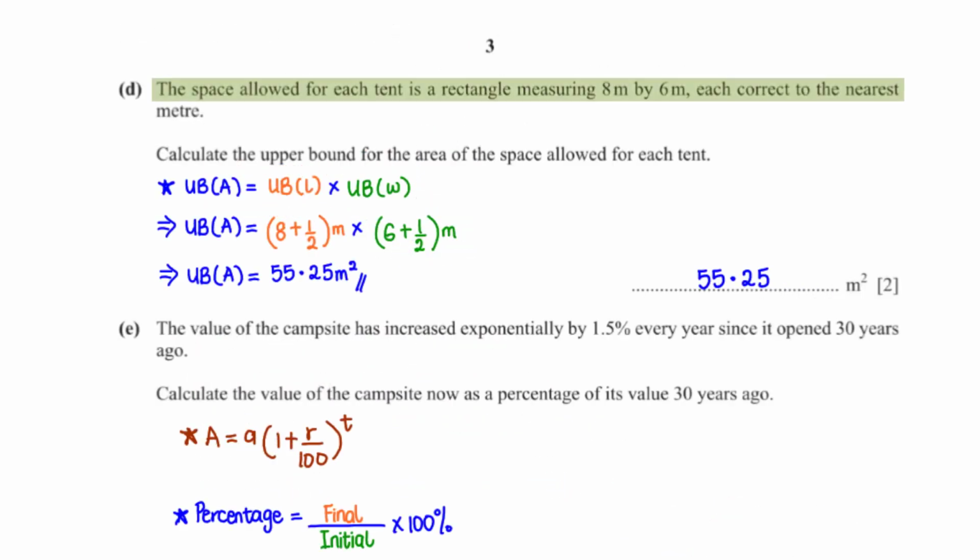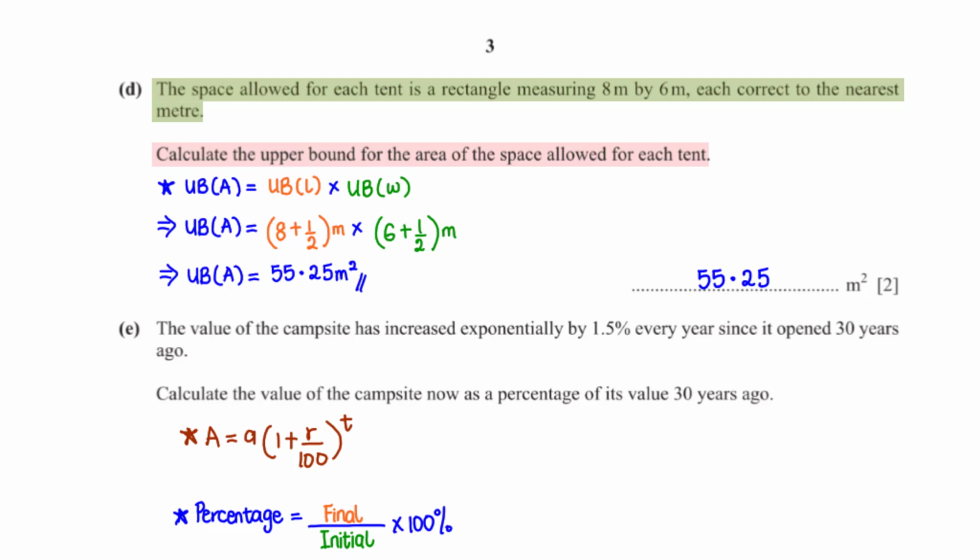The space allowed for each tent is a rectangle measuring 8 meters by 6 meters, each correct to the nearest meter. Calculate the upper bound for the area of the space allowed for each tent. The area for the tent, which is in the shape of a rectangle, is length times width. To get the upper bound of the area, we need the upper bound of the length of the tent times the upper bound of the width of the tent.